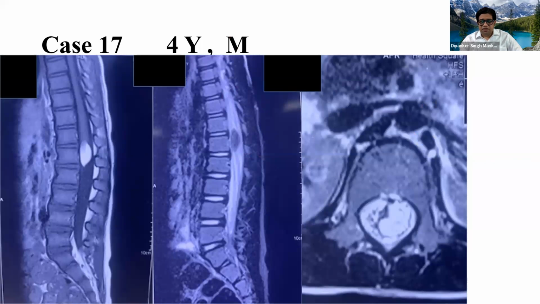So, another unique case I will share with the group today. This is a 4-year-old child who presented to me with this scan. What do you think it can be?